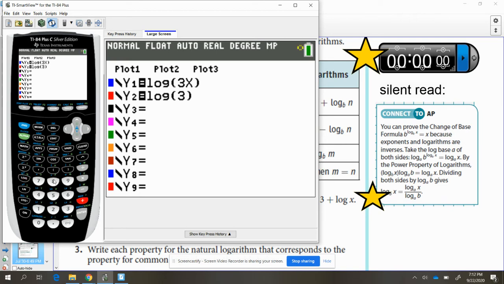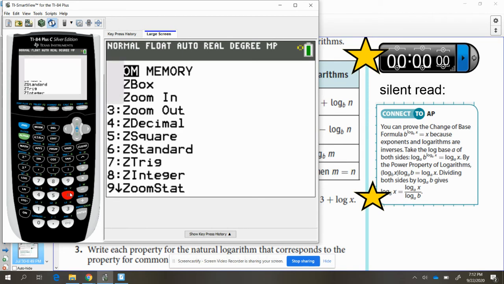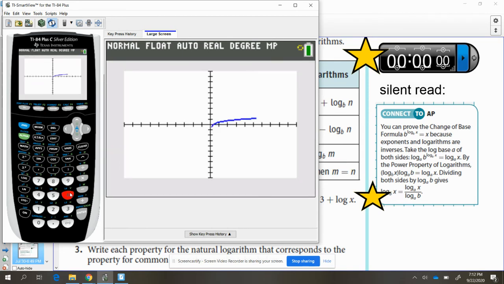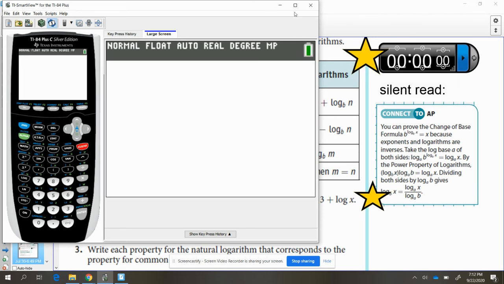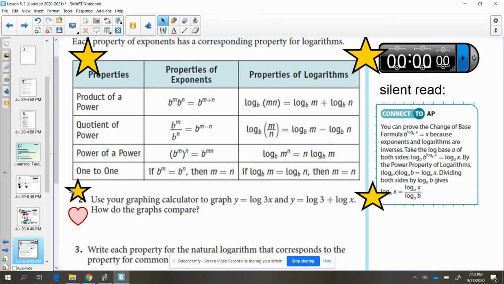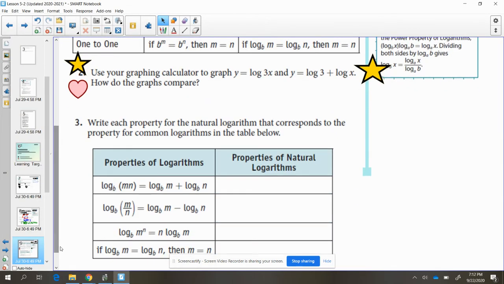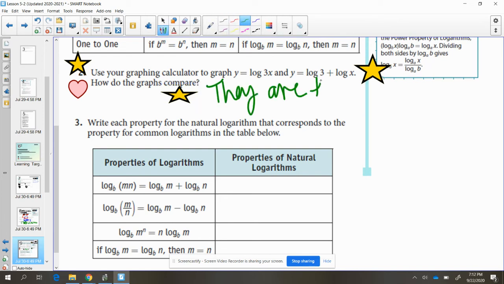What we're going to notice when we graph this, zoom 6, just to see a standard graph, is these graphs are the same function. These functions are the exact same graph, thus proving again that these are equal. So when in doubt, you can always check it graphically. They are the same graph.